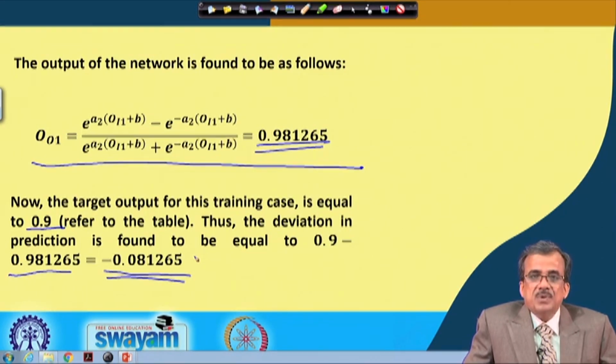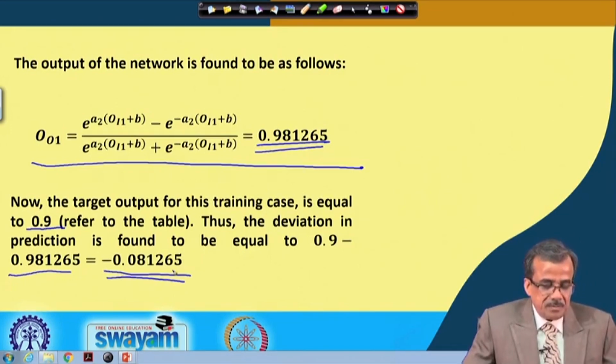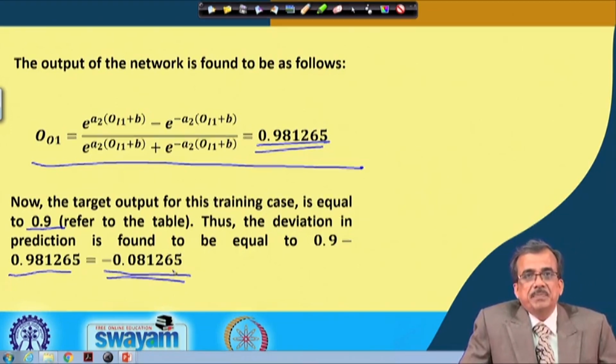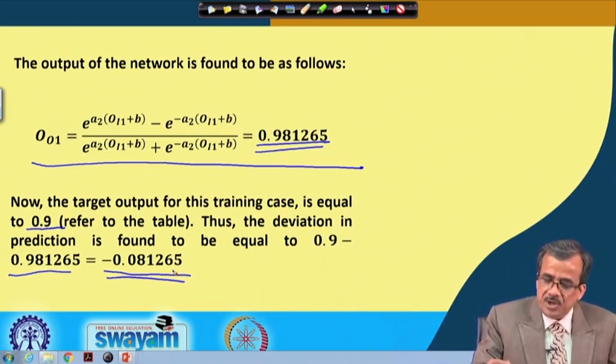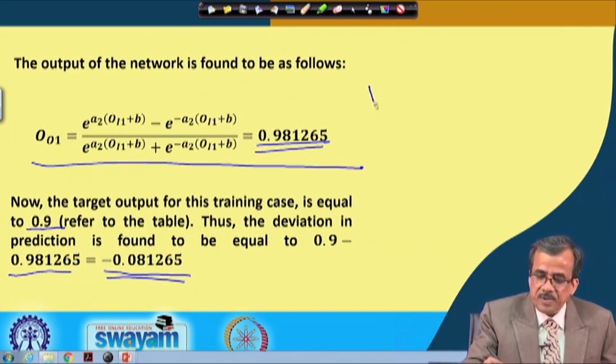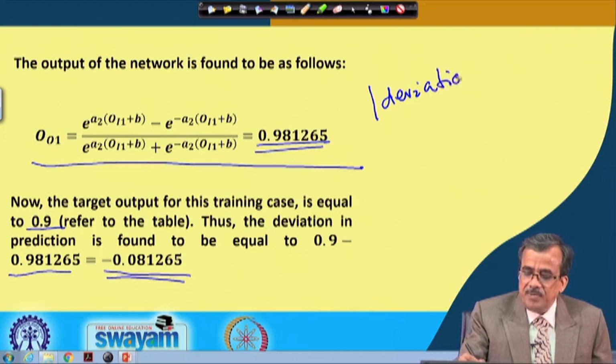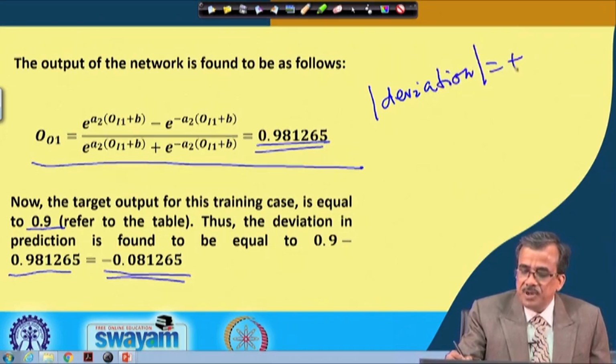Now, this is what happens after passing the first training scenario. Similarly, we are going to pass the second training scenario, third training scenario, and all capital L training scenarios one after another. Now, this deviation could be either positive or negative, and that is why we consider the mod value of this deviation, which will be positive.